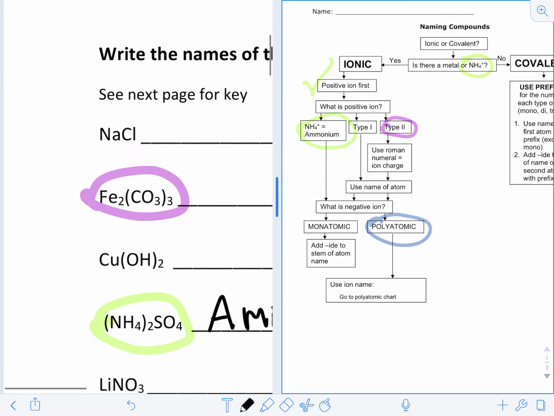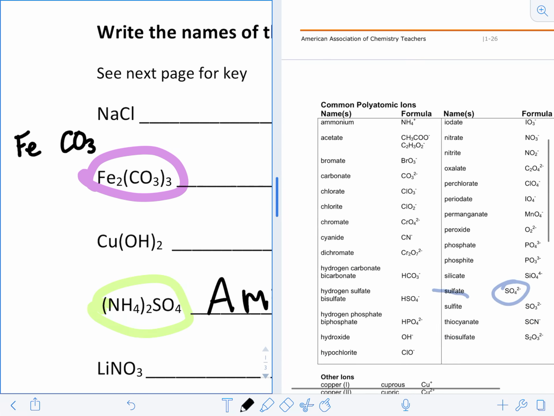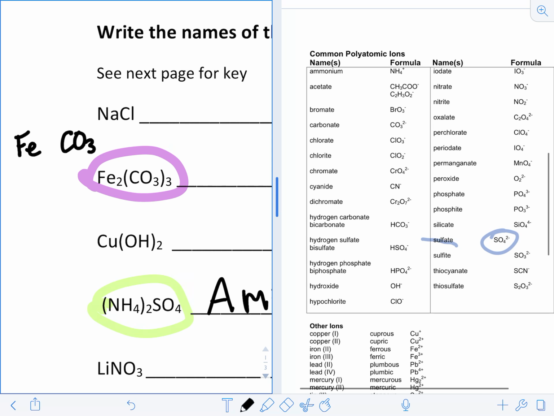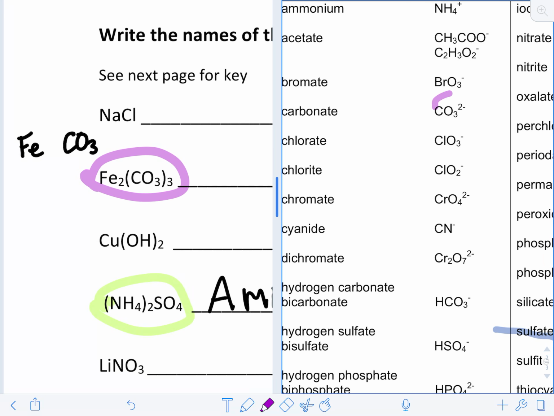Okay, so I'm going to write Fe, and instead of going straight to the charge on the metal, I'm going to actually use the nonmetal to help me figure out what is the charge on it. So I'm going to write CO3, and I'm going to scroll down and look for CO3. When I look for CO3, it is actually here, which is carbonate.